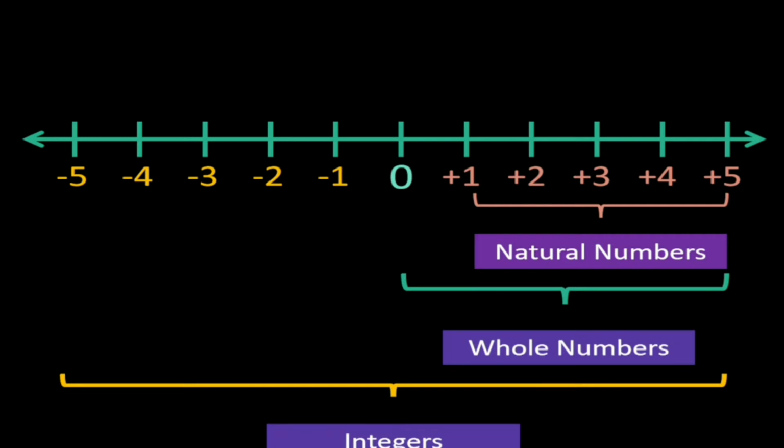So these are the set of numbers that contain the negative, zero, and natural numbers. Then let's say we have negative 1/2, 0.5, and 3 over 2. These are what we call the rational numbers. Take note that rational numbers are numbers that can be expressed in terms of A over B.